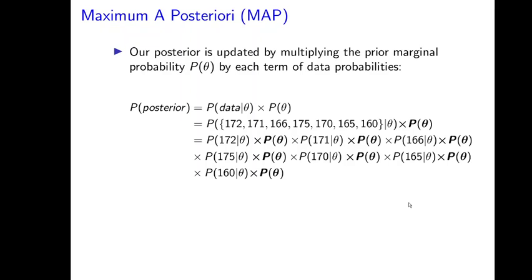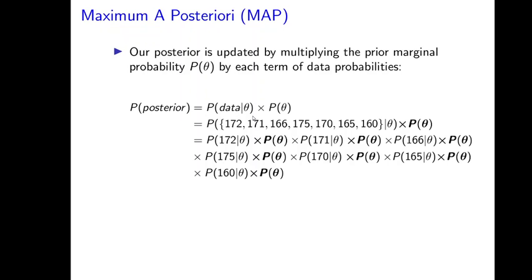Now, in order to calculate the posterior using both likelihood and prior probabilities, we will say that the posterior probability equals the likelihood probability, the conditional probability of data given theta, times the probability of theta itself.